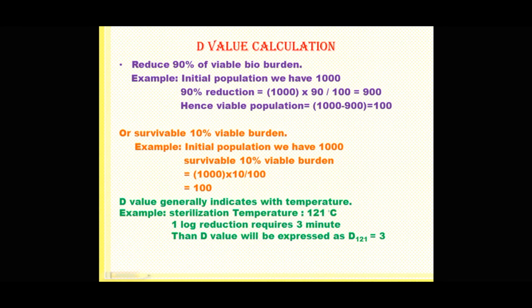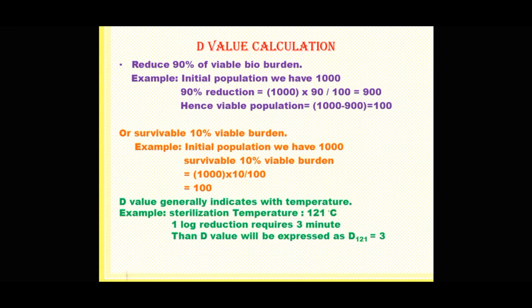Why this temperature? Here we are mentioning D121 because if the temperature of sterilization changes, the D-value will also change. If the temperature is more than 121, 1 log reduction will take less time, so the D-value will change.